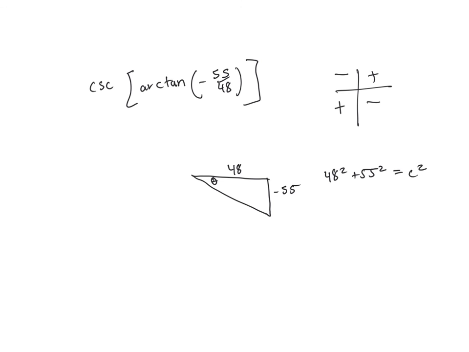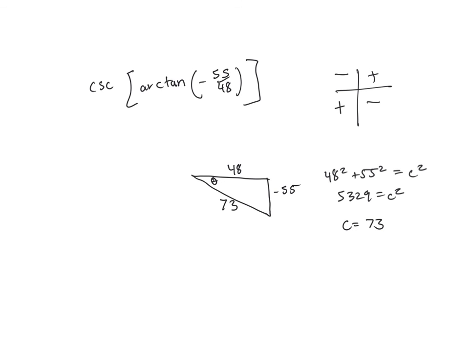Punch that in. 5329 equals c squared. My c value is 73. So my hypotenuse is 73.